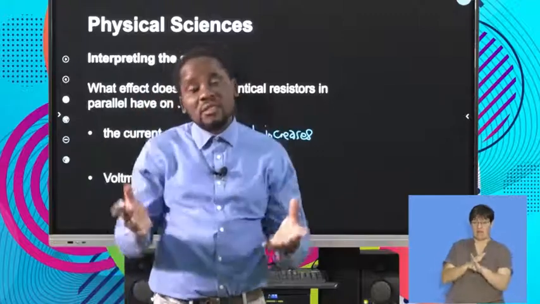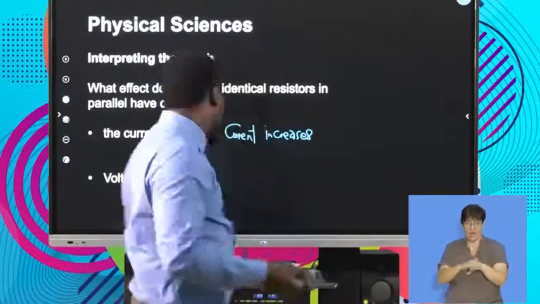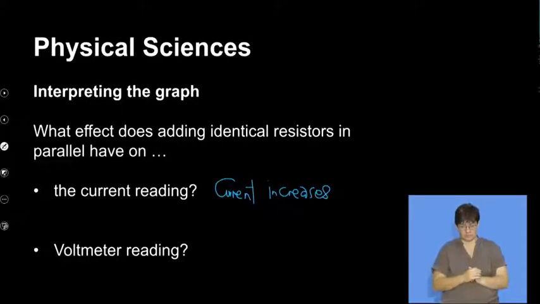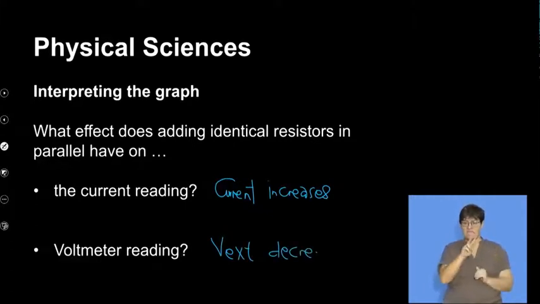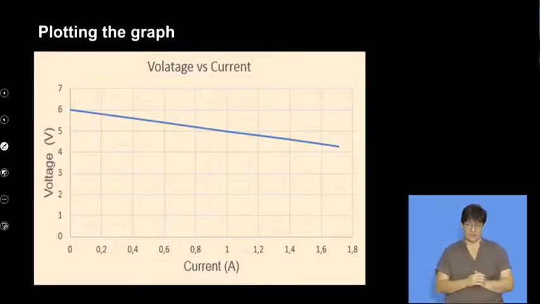So when the effective resistance decreases, current is going to increase. But what happens to the voltage? V external decreases. Why did V external decrease? It's because there is lesser effective resistance in the external circuit, then there will be lesser voltage across it. So that's the trend.